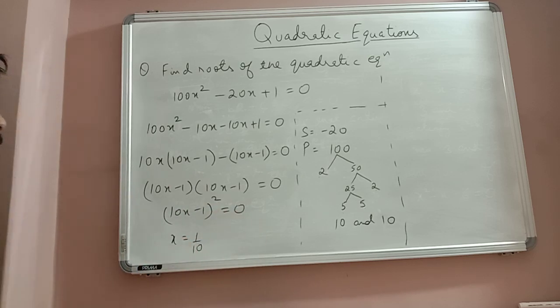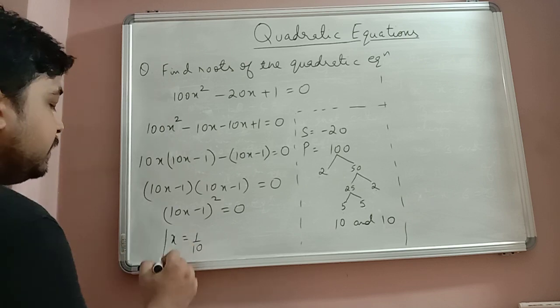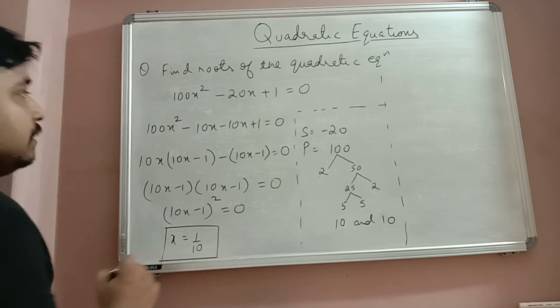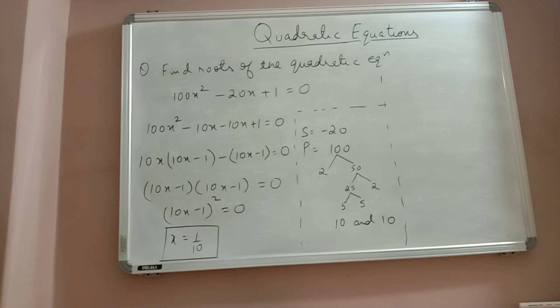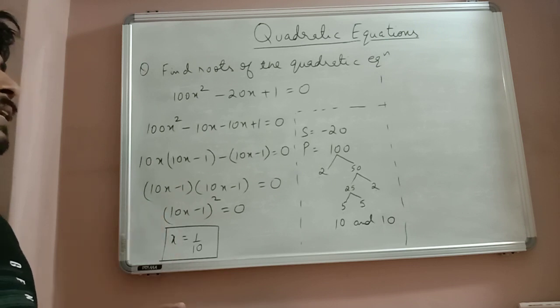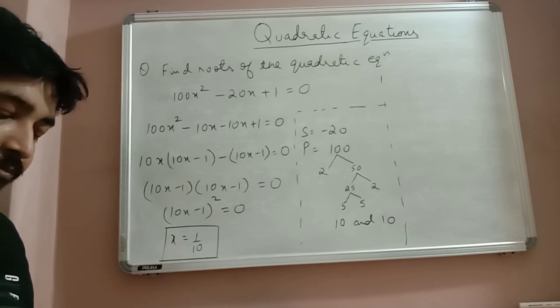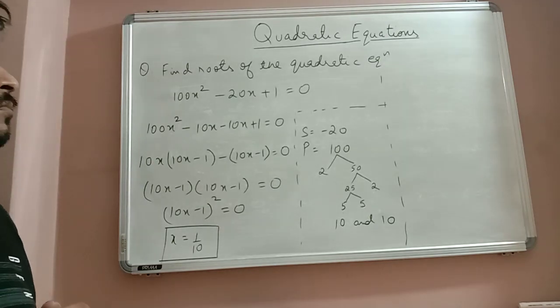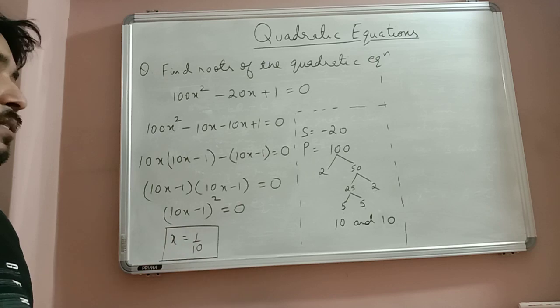Now x equals to 1 by 10 is the only root of this quadratic equation. So this quadratic equation has only one root, or we can say that it has two equal roots that are 1 by 10 and 1 by 10. Alright, I hope this is clear to everyone.